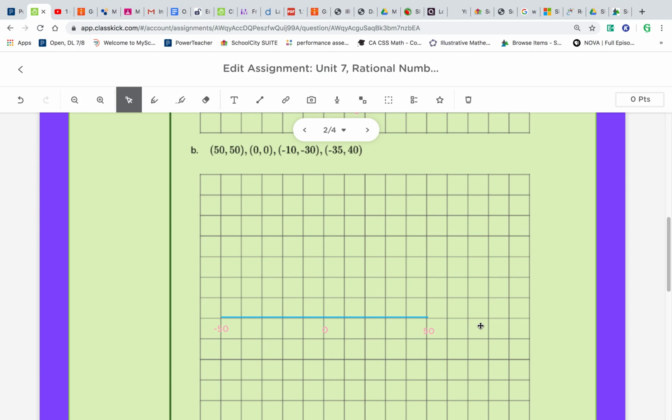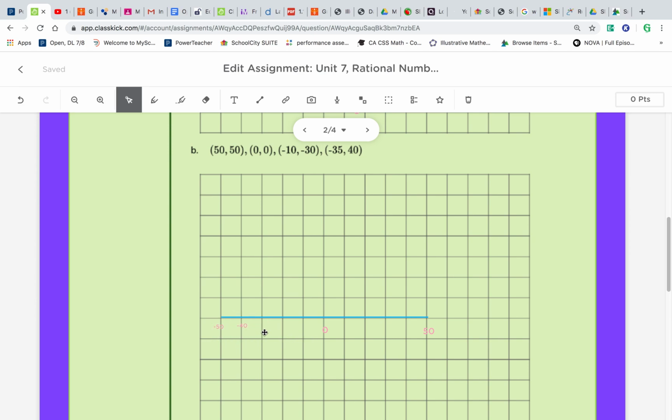So for this one, I'm actually going to label in all of the values just to make sure you are clear on what goes where. So this would be -40. Let me go one size smaller to make sure it is going to fit here.